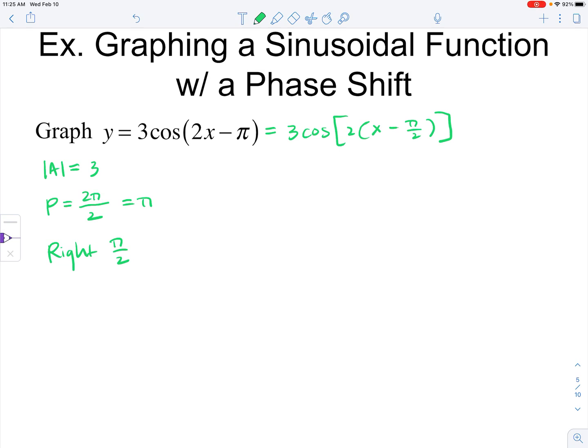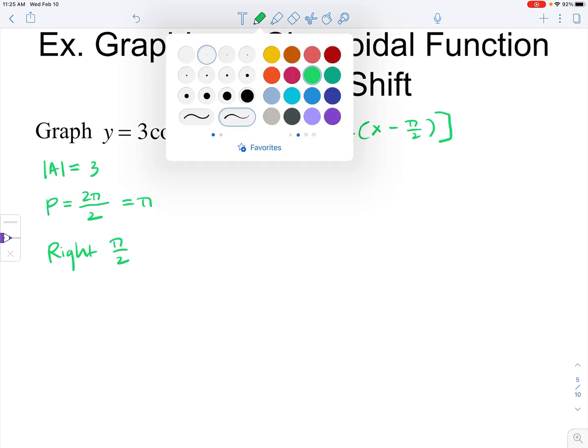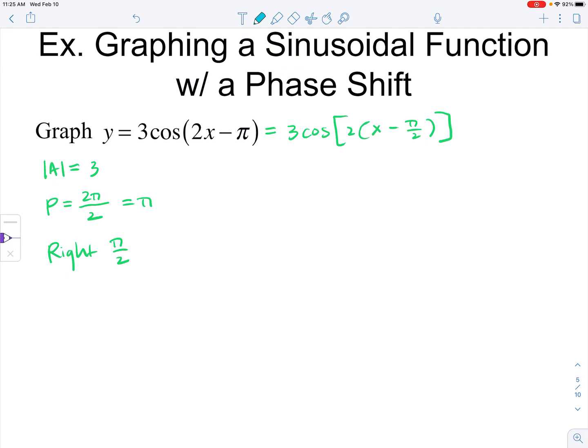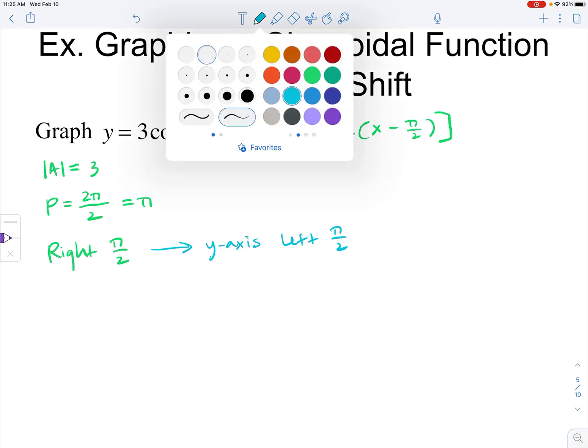Which means if we're graphing by shifting the axes instead of shifting each point, the y-axis is going to go to the left pi over 2 units.